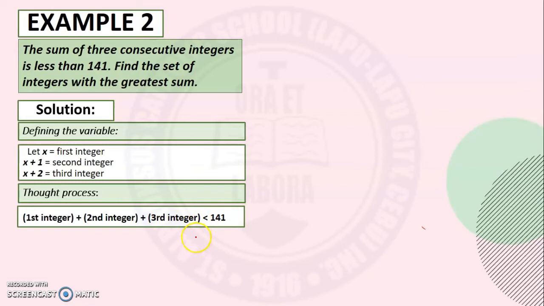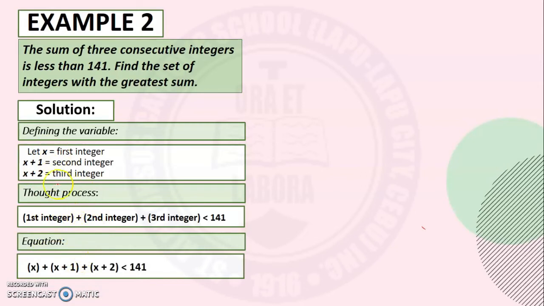Now let's write the equation. Using the representation, this will become x plus quantity x plus 1 plus quantity x plus 2 is less than 141.